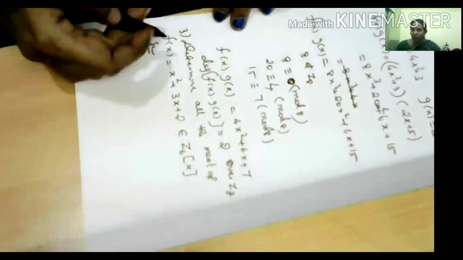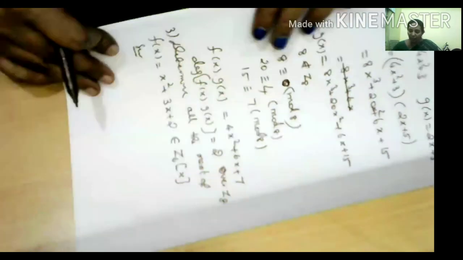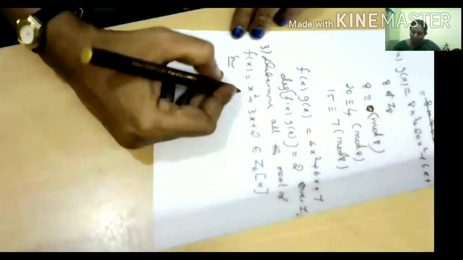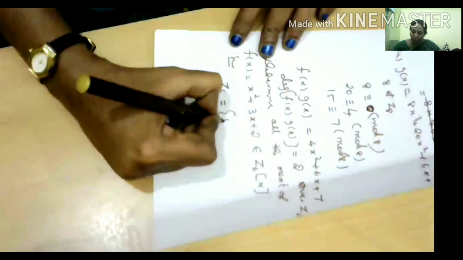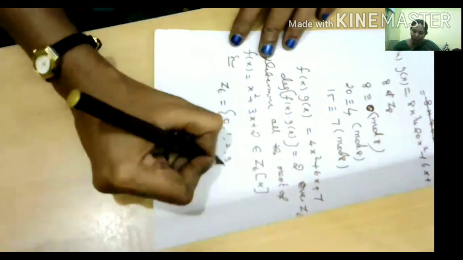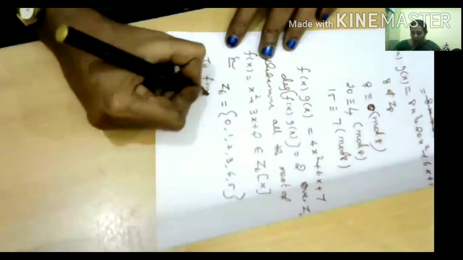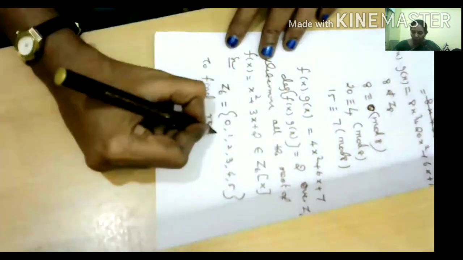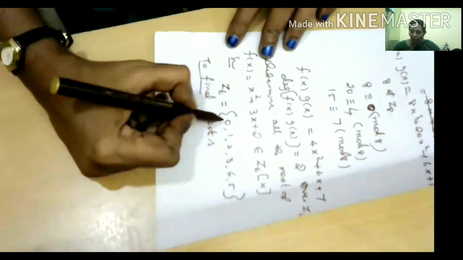But here the question is roots of a polynomial over the ring Z6, so we are doing it in a different way. First write Z6: 0, 1, 2, 3, 4 and 5. To find roots, take the first element 0 and substitute it into f of x.